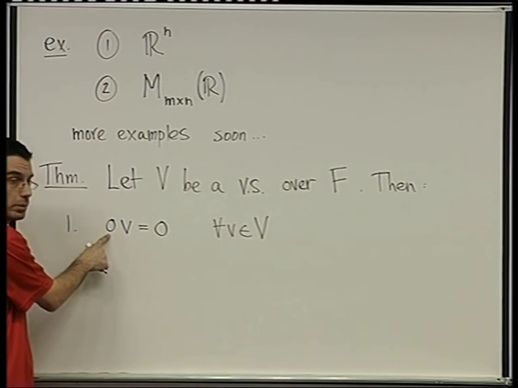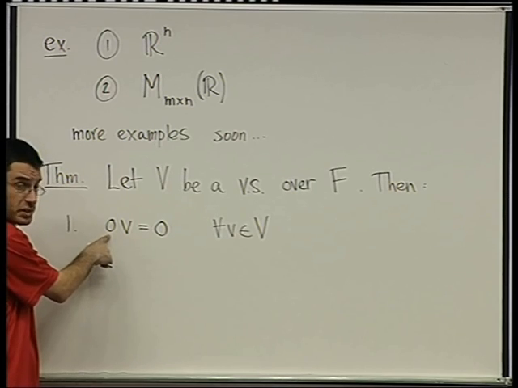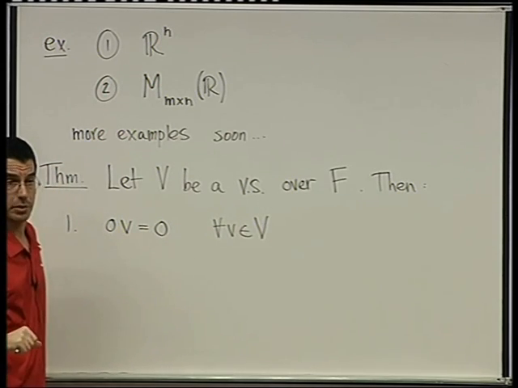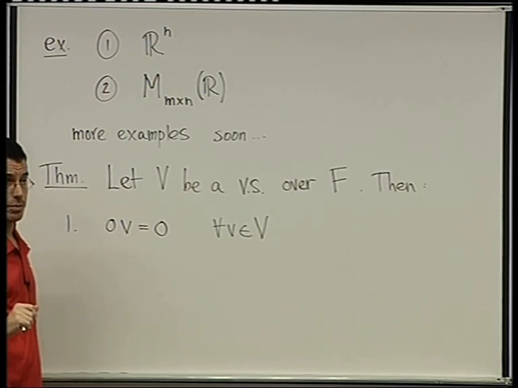What is this 0? Scalar. Right, this is the scalar 0, because it's multiplying a vector. It can only be the scalar 0. There's no other notion of multiplication, right?